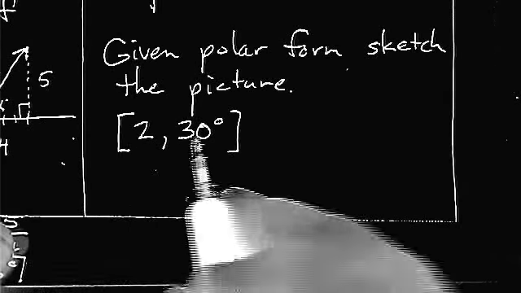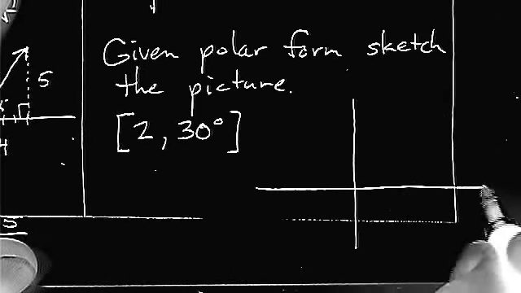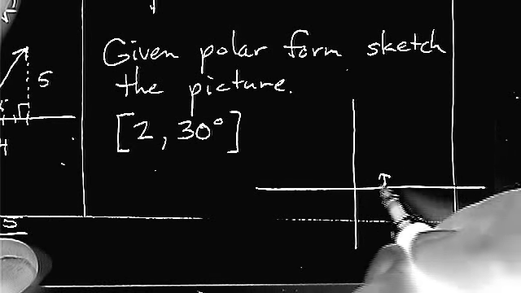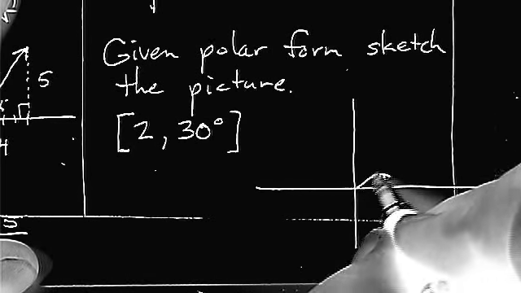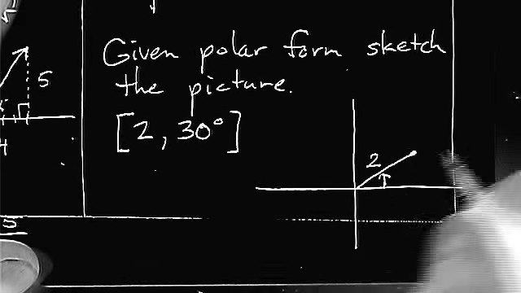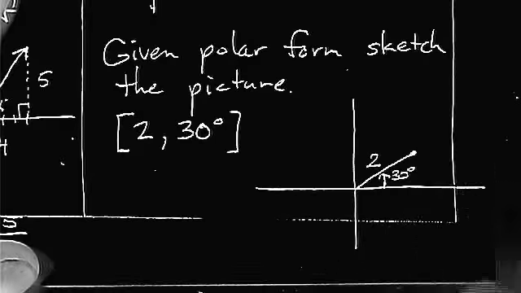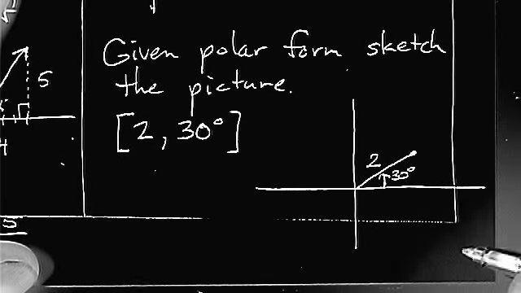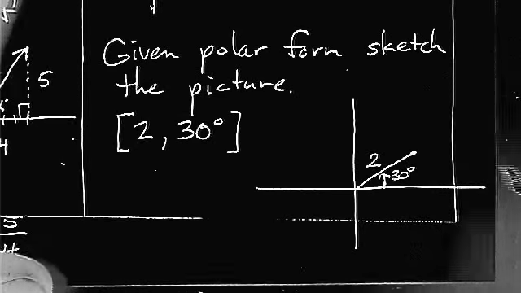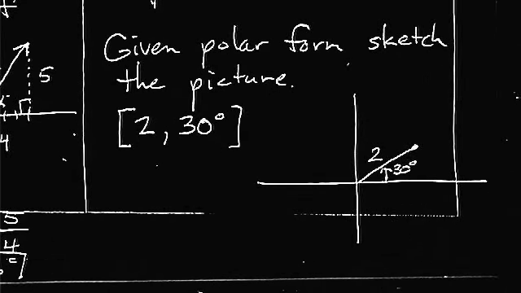If I give you a radius of 2 and an angle of 30 degrees, then you rotate up 30 degrees and then take 2 steps out. So this is 2 steps out this way, and this is about a 30-degree angle. So that is a polar form sketch.